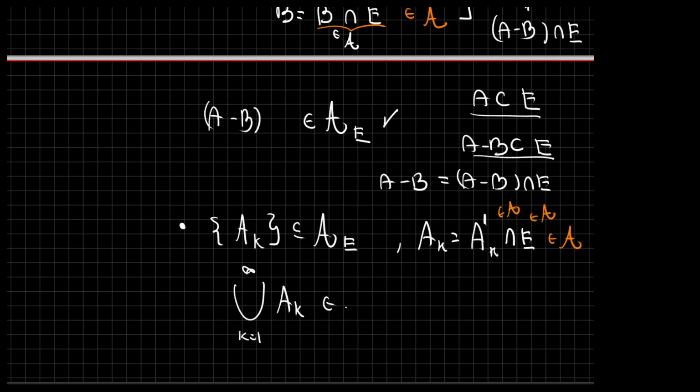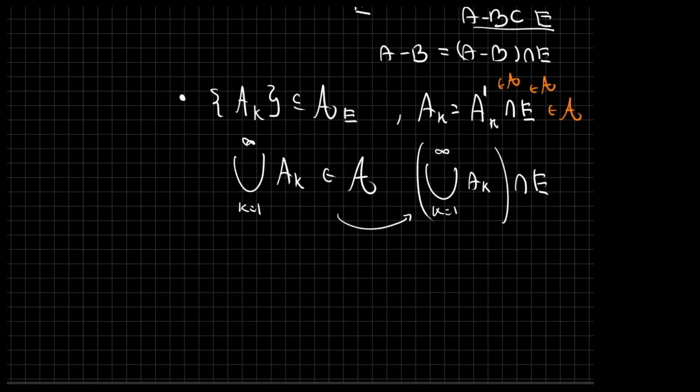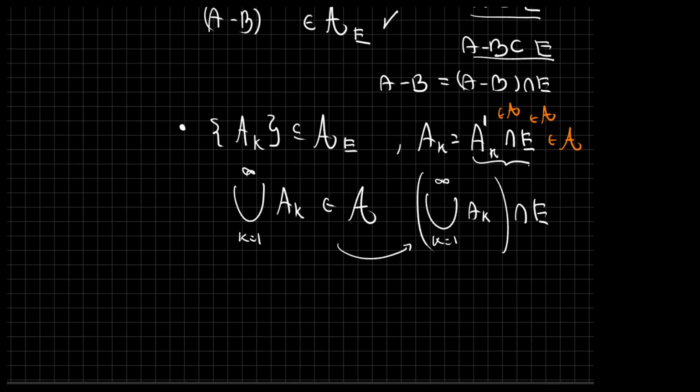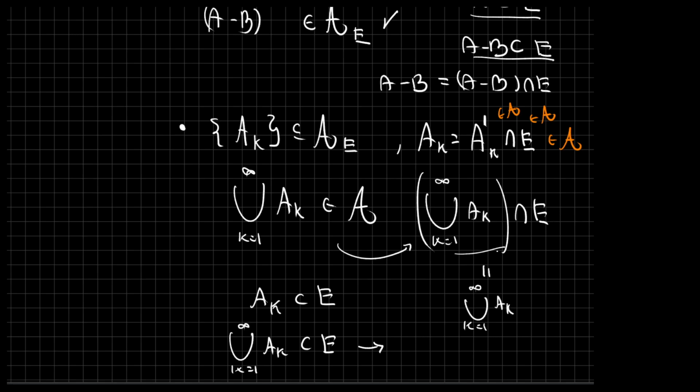And so when you unite everything with every element of the sigma algebra, this is an element of the sigma algebra, and now you make the intersection of this element with E. But once again, given that each element is a subset of E, the countable union will still be a subset of E, and then its intersection will be equal to the union, because this is a subset of this.